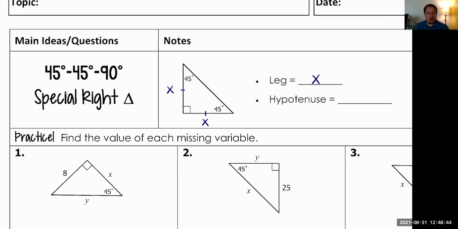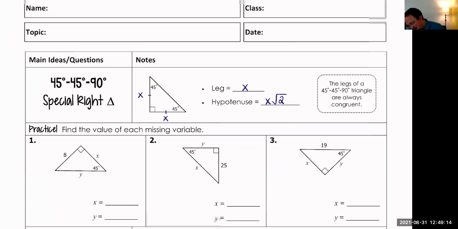There is a very unique relationship, though, for this special right triangle that says whatever the leg is, which is X, times the square root of 2 will always equal the length of your hypotenuse. So if you know your leg measurement, multiply that measurement by the square root of 2, you've got your hypotenuse.